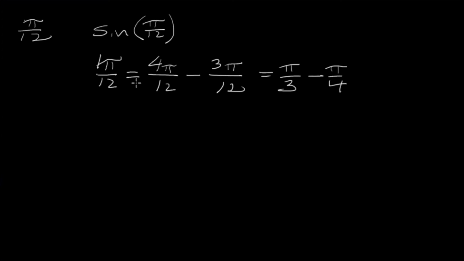And so that's kind of the basic strategy. And then once you have that, you can rewrite this as the sine of pi over 3 minus pi over 4. Now you can use the sum and difference identity to calculate that out.